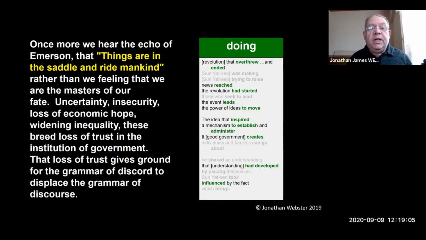It's basically the way he sees the world. Because when you look at the speech itself, what you realize is that the way he sees the world is doing, not being done by people, but by events, abstractions, institutions, the revolution, the event, the power of ideas, the idea.